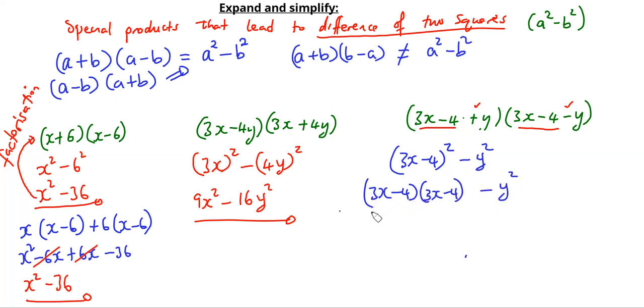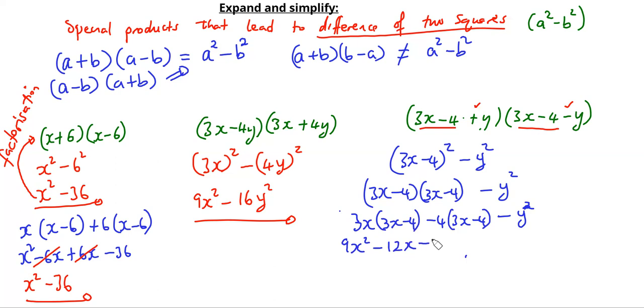Then we know what we have done in the previous class. We separate these two here, 3x minus 4. We know that the first term here is multiplying everything. The second term also is multiplying everything in the bracket, minus 4, 3x minus 4. Then here, minus y squared, okay? Then 3x times 3x is going to be 9x squared, minus 3x times 4 is going to give us 12x.